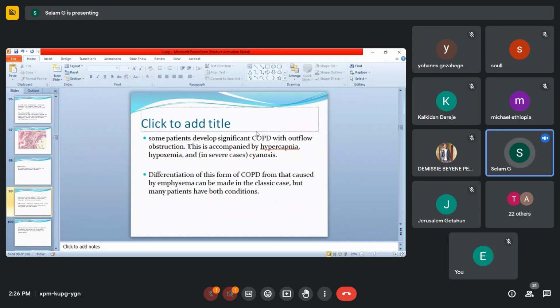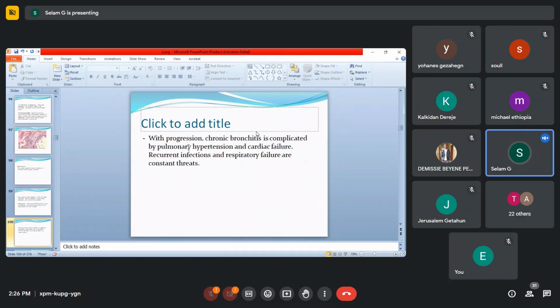So one may have a predominant emphysematous pathophysiology, or one may have a chronic bronchitis predominant, but most of the patients have a combination of diseases. With progression, chronic bronchitis is complicated by pulmonary hypertension and cardiac failure; recurrent infections and respiratory failure are constant threats for these patients.